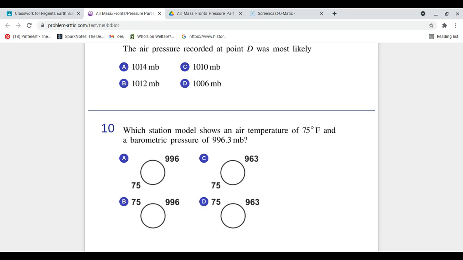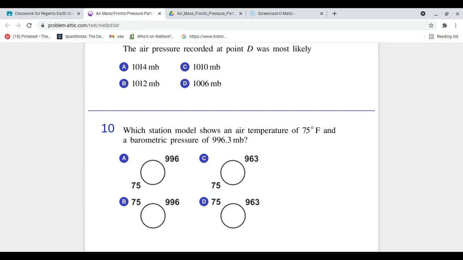Which station model shows an air temperature of 75? So take a peek on page 13, the station model explanation, and a barometric pressure of 996.3 millibars. So the easiest way, I would say, is to find where your temperature is, so we can get rid of what two?